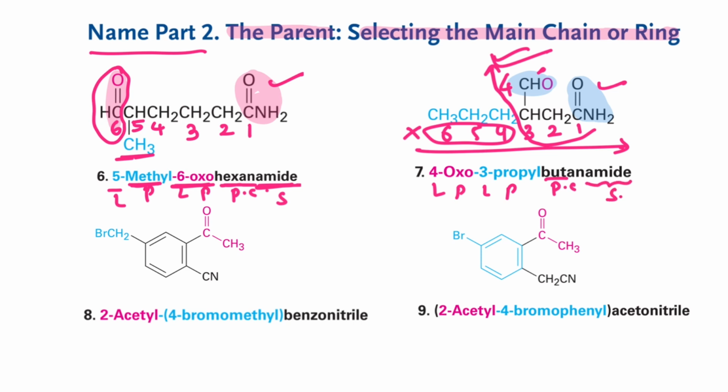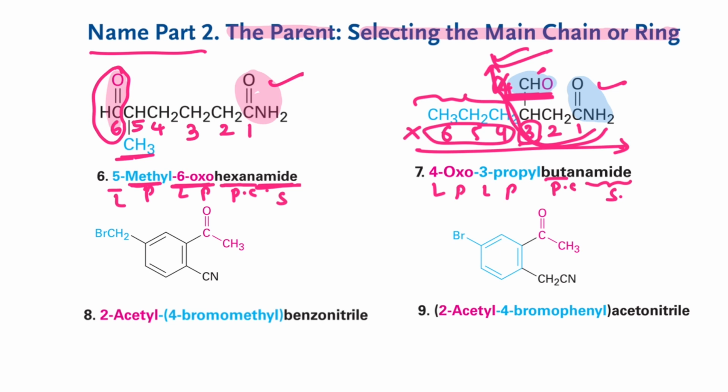Now check which position: fourth position, this aldehyde group is there. Therefore 4-oxo, that carbon is counted, and this blue one is a propyl. Therefore, at the third position we have the propyl substituent, and total 4 carbons are there, so we can say butanamide.